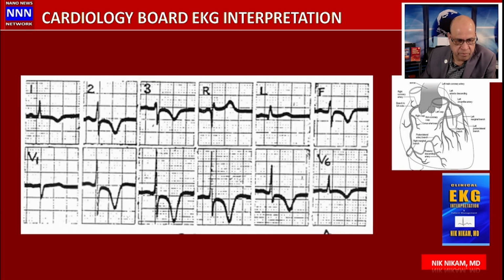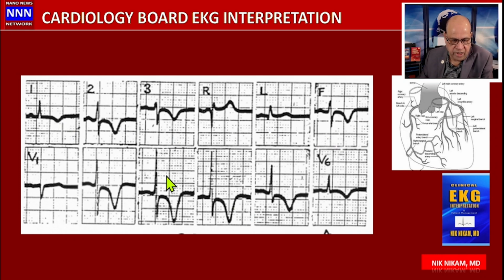And here's another example of diffuse, deeply inverted T waves in the inferior and lateral leads in the absence of any evidence for left ventricular hypertrophy. So this is what you would consider as left ventricular ischemia, which is involving a large segment of the myocardium, with the exception of lead 1 and AVL.